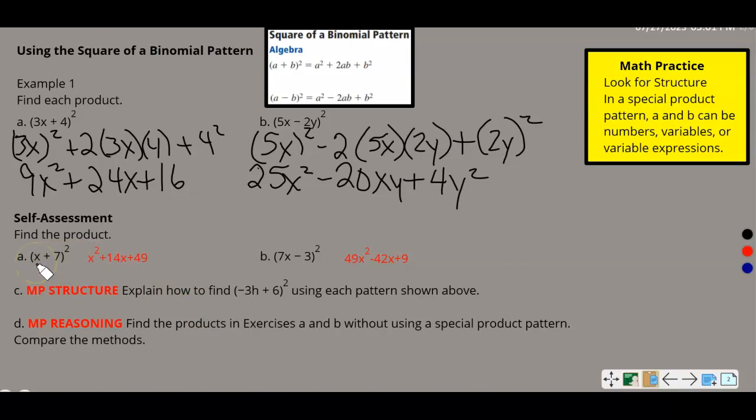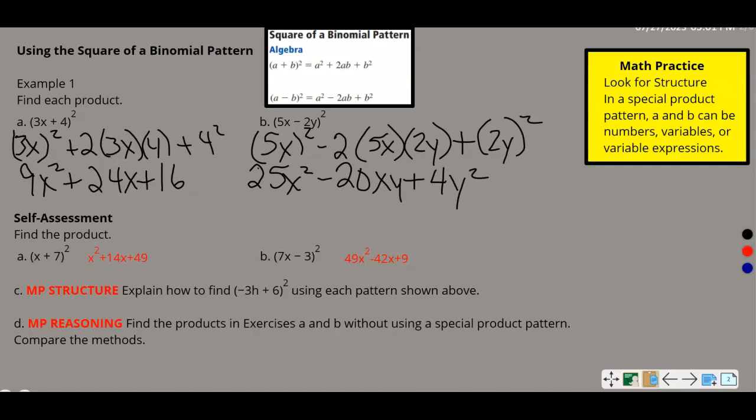All right, remember before, in the last section or the last lesson, we did multiplying two binomials together. Well, x plus 7 quantity squared is a binomial times itself. So x plus 7 times x plus 7 can be written out, and you could use FOIL method or distributive method to find either one of these as well.